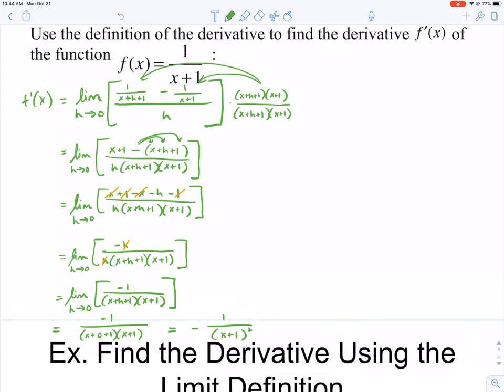So f prime is equal to -1 over the quantity x plus 1 squared. That's the derivative of the function 1 over x plus 1.